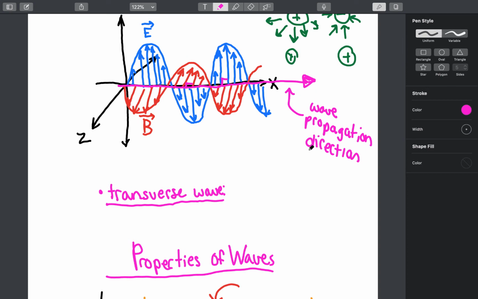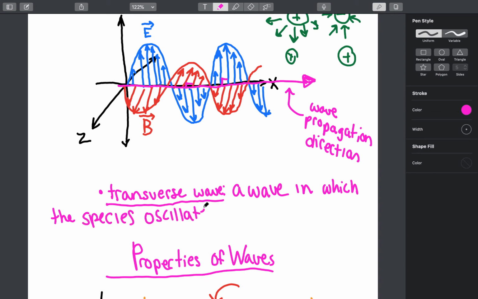A transverse wave is a wave in which the species oscillates perpendicular, so this means perpendicular, to the direction of propagation.